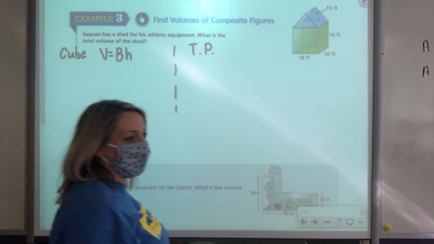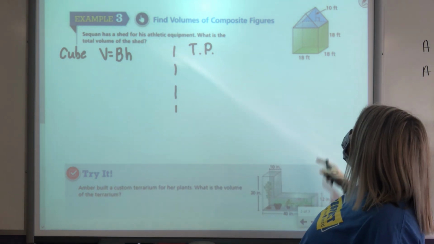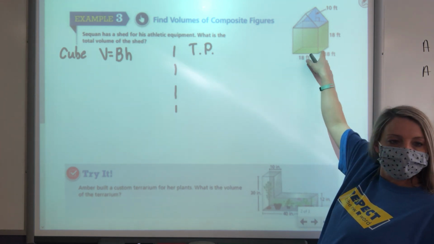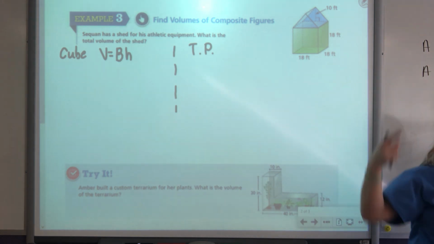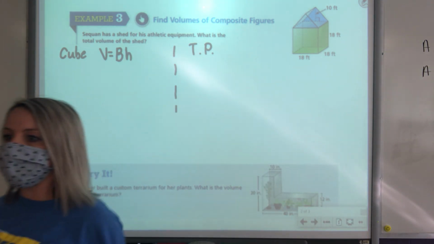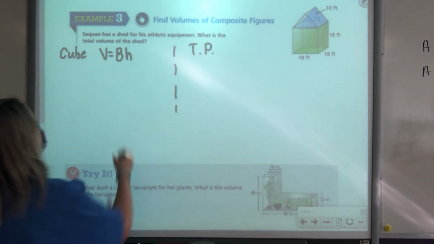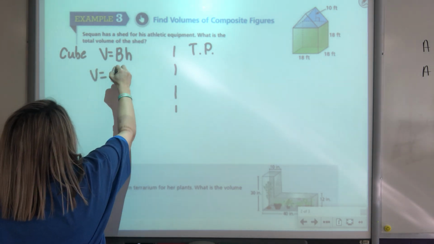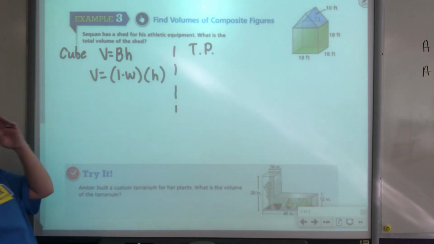Okay, so again, volume, base area times height. What's the base of a cube? Okay, yeah, but what shape is it? Square. So how do we find the area of a square? Length times width, right? So volume is equal to length times width times the height of our cube. What's the length? 18 feet.